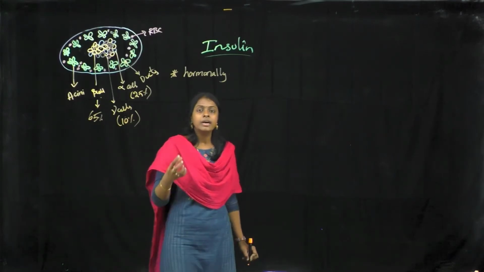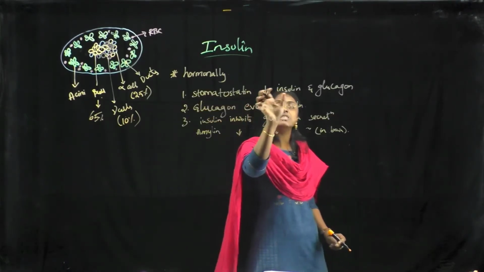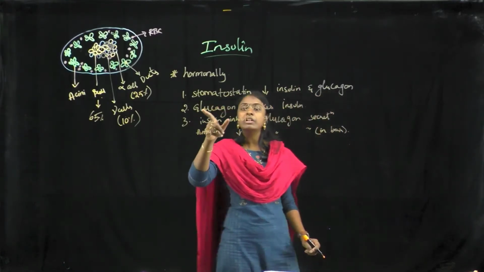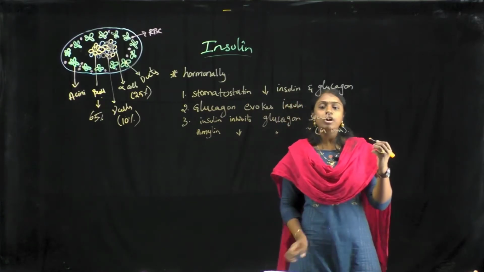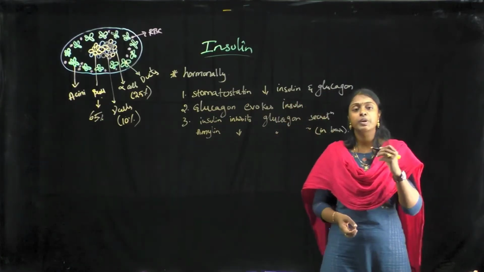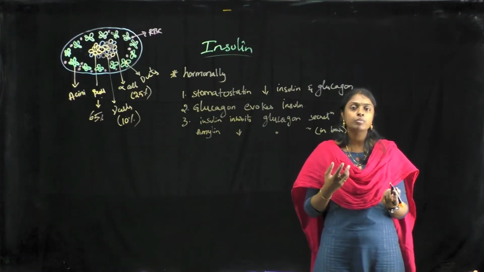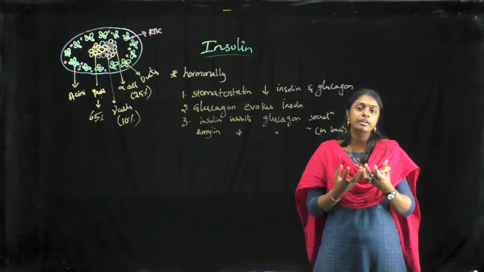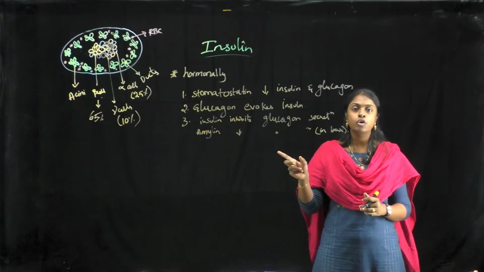So how? Let's see. The first one: somatostatin will decrease the secretion of insulin and glucagon. Next, glucagon will inhibit the secretion of insulin. How? What is the function of insulin? It will decrease the glucose levels in the bloodstream. Whenever we are eating something, it will take the glucose into it and store it. But what is the function of glucagon?